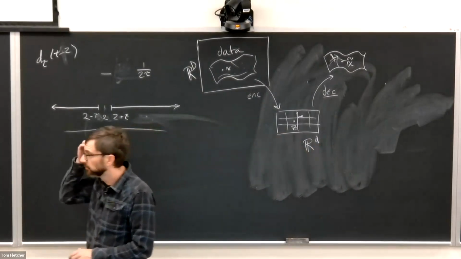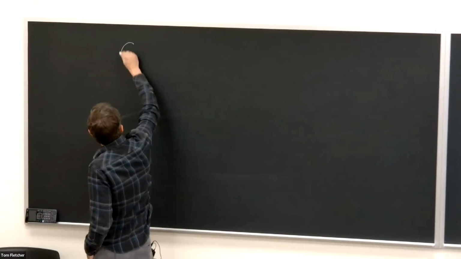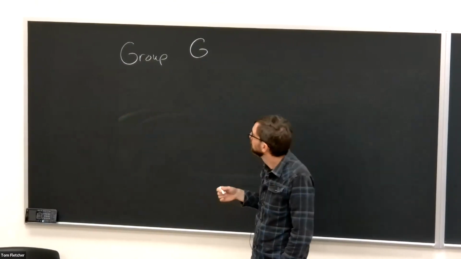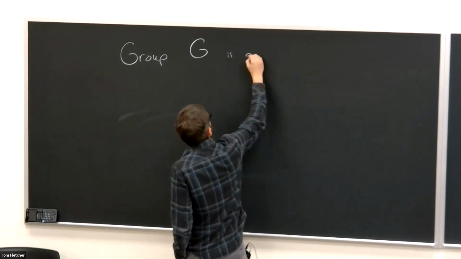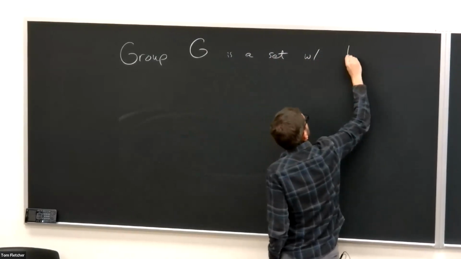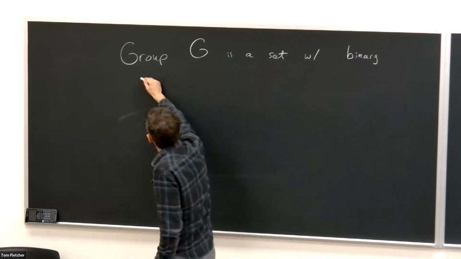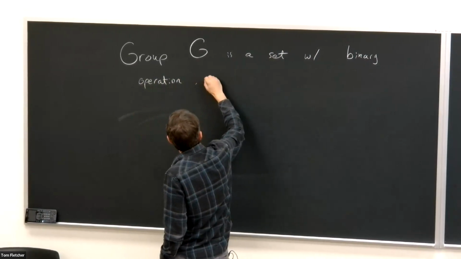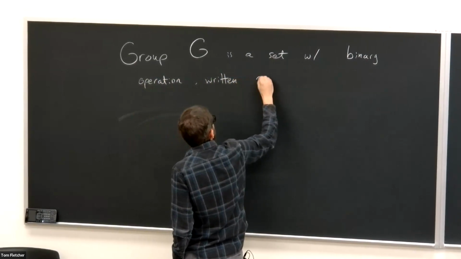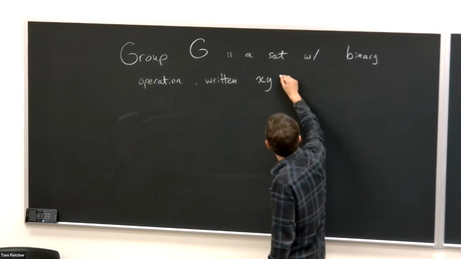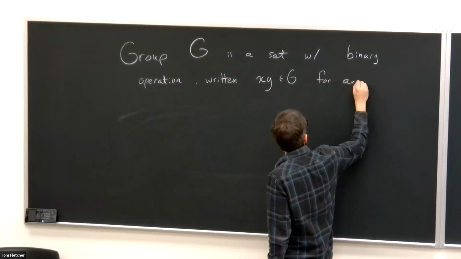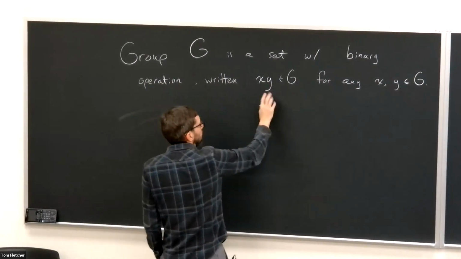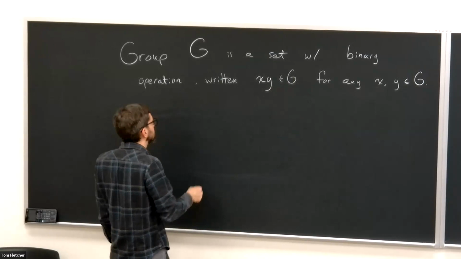Okay, let's really quickly remind ourselves where we were. We talked about a group G is a set with a binary operation, which we would just write as concatenation xy for any two elements x and y in G. By this I mean xy has to be a valid element in G. We say that's the closure.